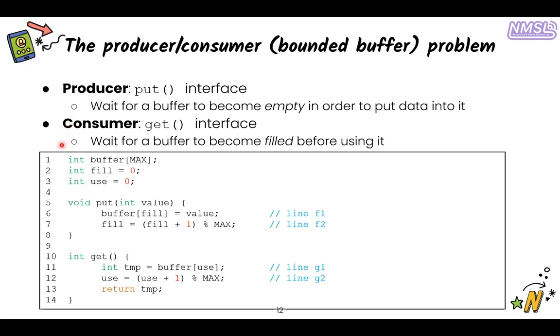The consumer, on the other hand, consumes, so you want something in the buffer that you just get. Here you can think of a buffer of size 1 to keep it simple. A simple code would basically put the value in the buffer and then do a modulo for the fill index. Get is basically getting whatever is in the buffer.